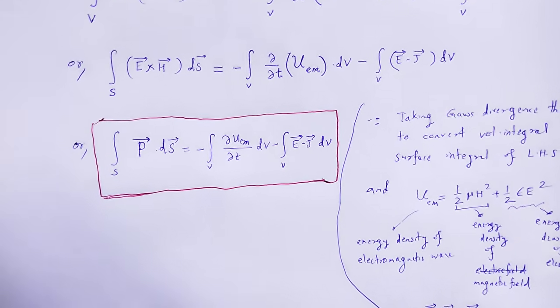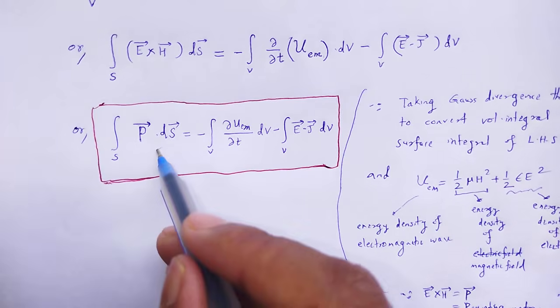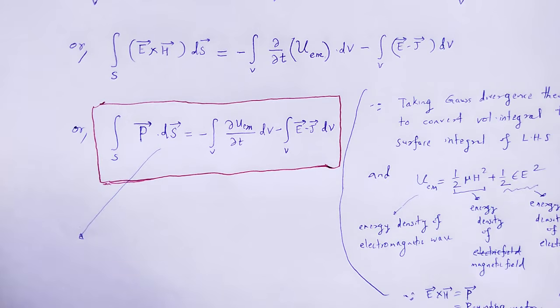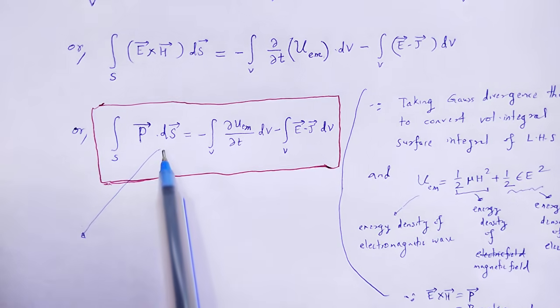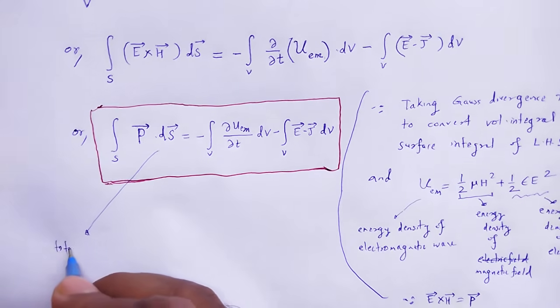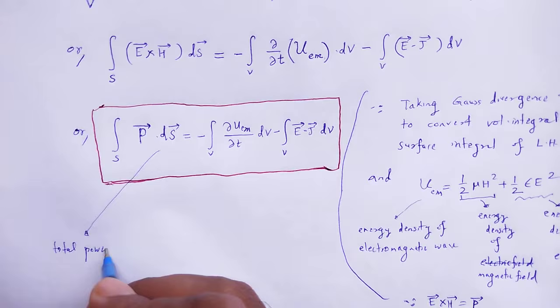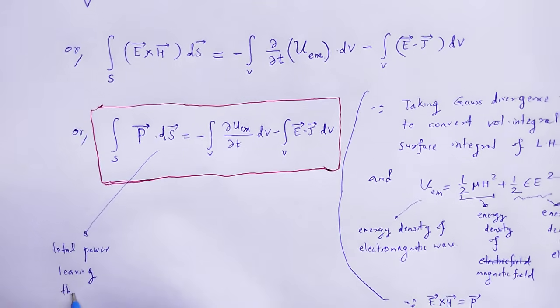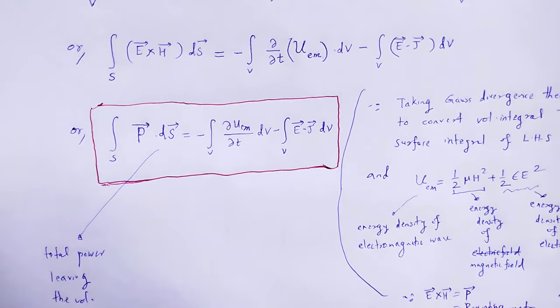What exactly do these terms signify? P dot dS is the total power leaving the volume.